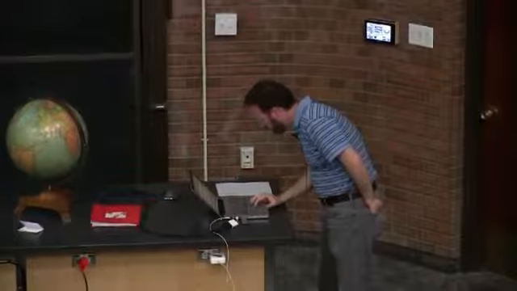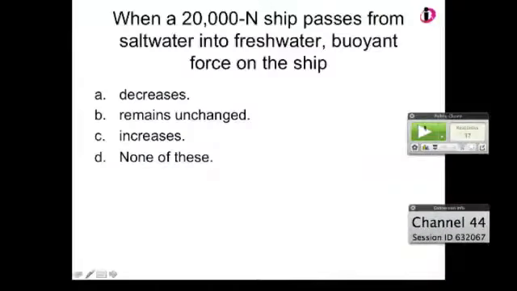All right, which one do I want to do next? This one. So given that, and what we talked about, hopefully we can get this one. 10, 9, 8, 7, 6, 5, 4, 3, 2, 1.